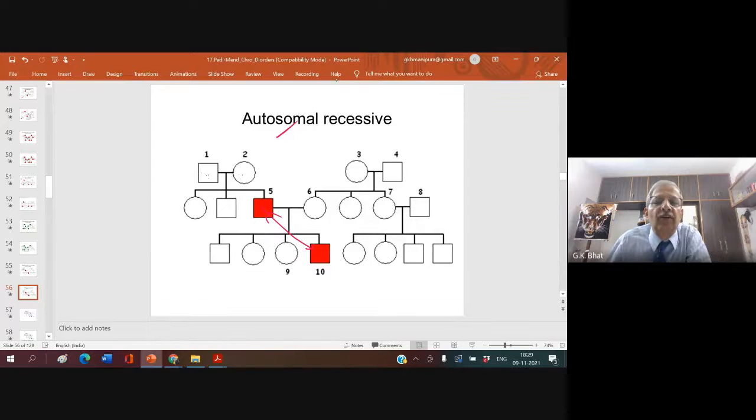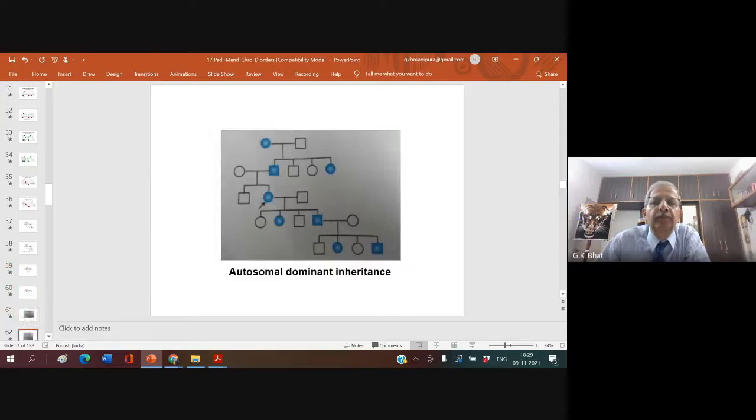This means the parents are heterozygous. Whenever you see that no parent is affected but the trait passes to children, it is autosomal recessive. In the dominant case, one of the parents should have it. Understood?